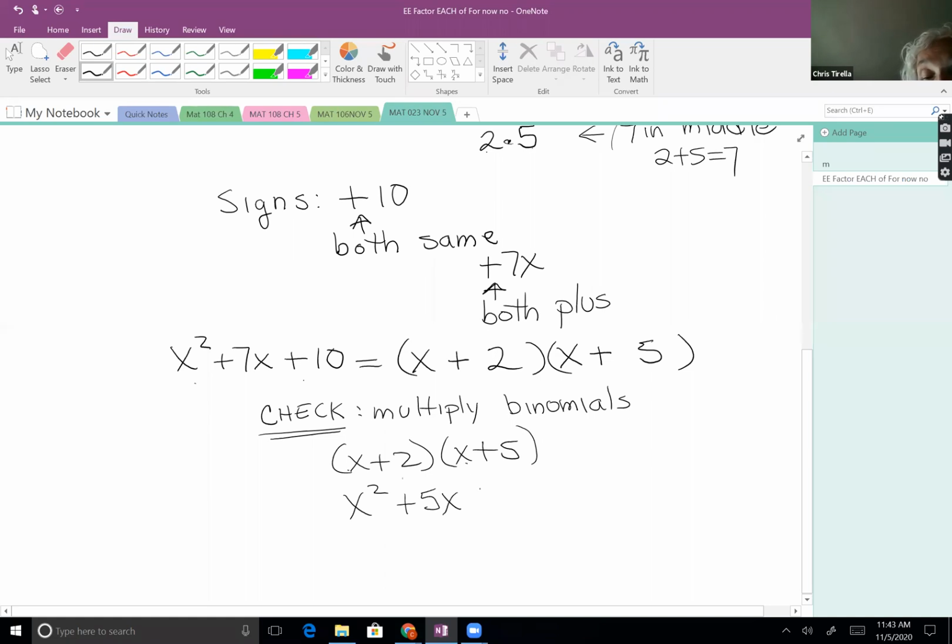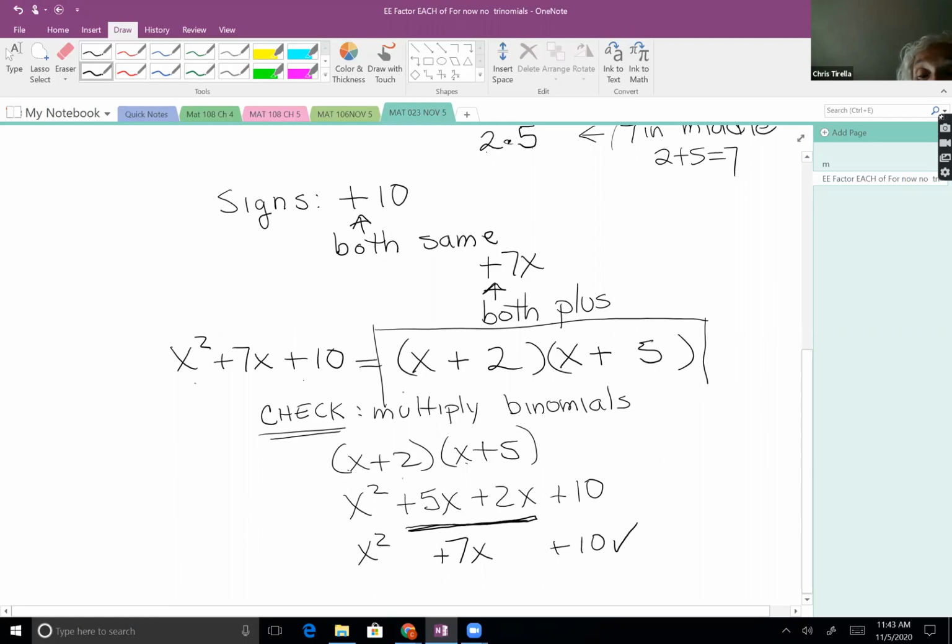Inner would be 2x. And I already knew that the last would give me 10 because that's why I chose them, yes? And so I'm always looking at that middle term and seeing if the outer and the inner give me my 7x. And it does. So it checked, and my factored form, my answer, would be x plus 2 times x plus 5.